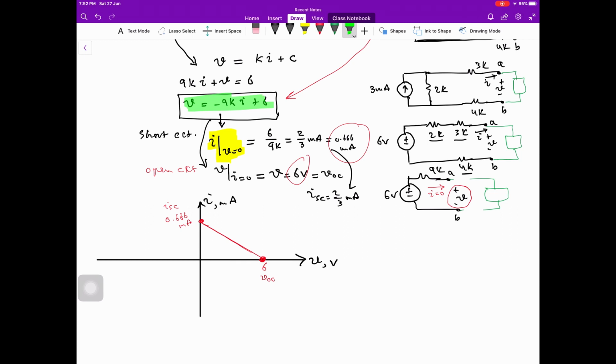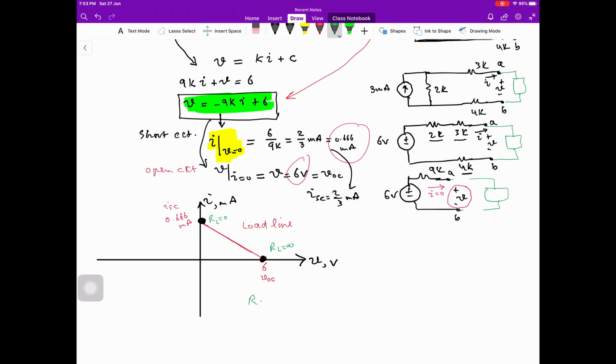This line is known as load line. Why load line? Because here output voltage is 6 volt, which is the open circuit voltage, and open circuit voltage means our load resistance is infinity, and the short circuit current means load resistance is 0.